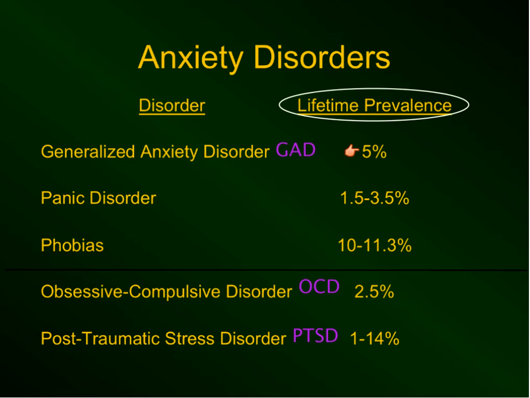Here's the deal. The lifetime prevalence number, let's talk about the 5% number here for GAD, tells me what percentage of the population at some point during their lives is diagnosable with GAD. 5%. 5 out of 100 or 1 person out of 20. If we followed them longitudinally through their lives, would be diagnosable with generalized anxiety disorder.